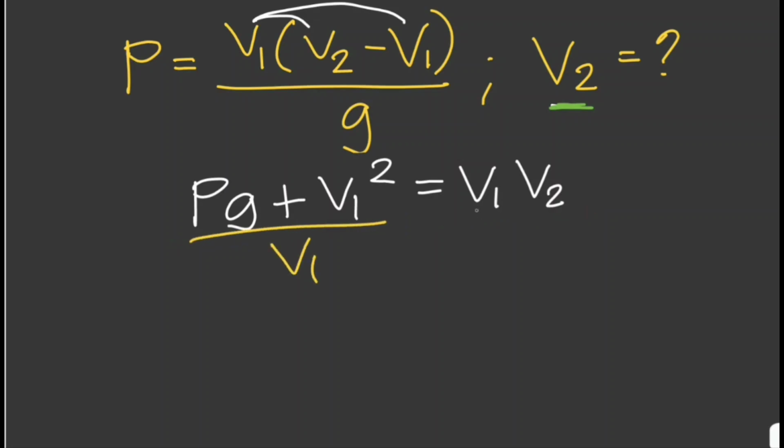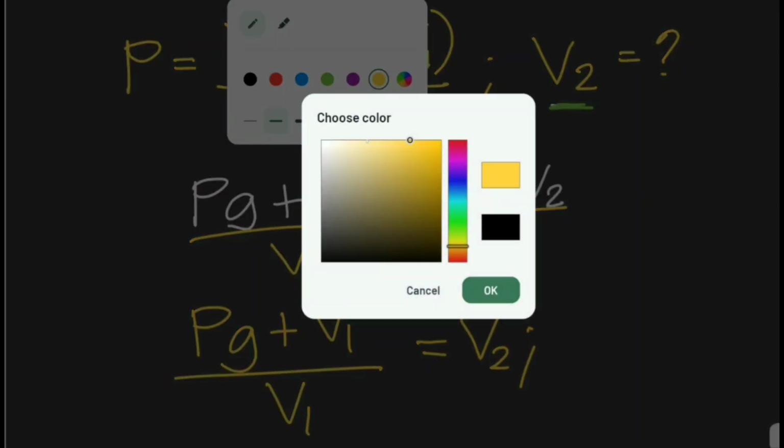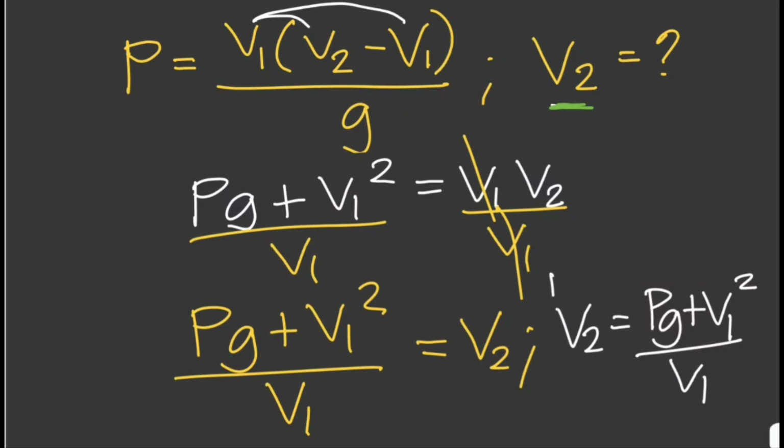So v1 over v1 cancels, and we have pg plus v sub 1 squared over v sub 1 equals v sub 2. Or we can write v sub 2 on the left. So v sub 2 is just equal to pg plus v sub 1 squared over v sub 1. So this is now our second equation for variable v sub 2.